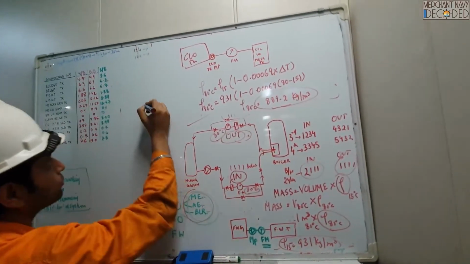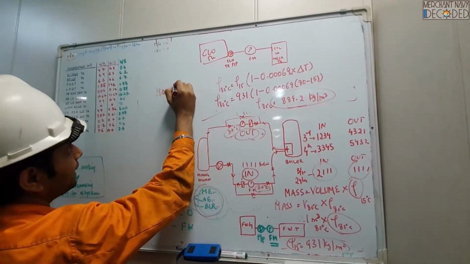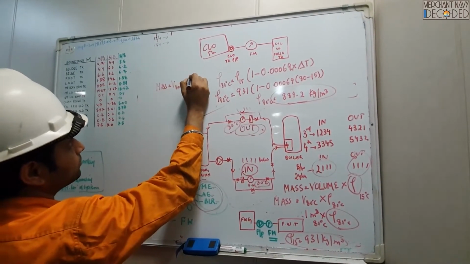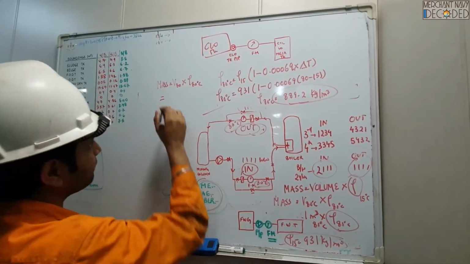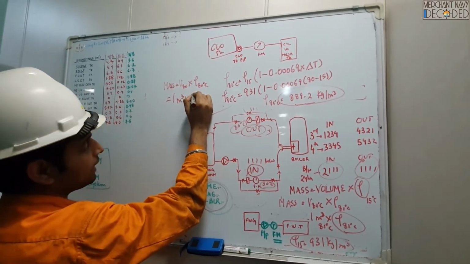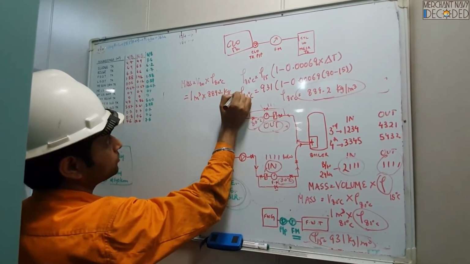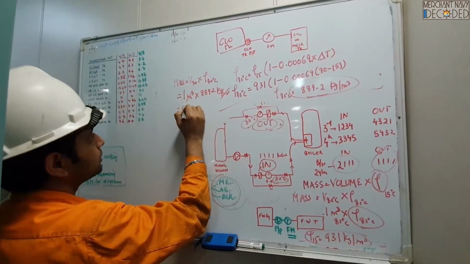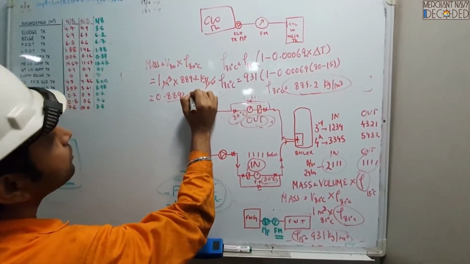So now, if I have to calculate mass, it will be volume at 80 degree centigrade into density at 80 degree centigrade, right? Volume at 80 degree centigrade is already 1 meter cube. Density at 80 degree centigrade is 889.2 kilogram per meter cube. So this cancels, and it becomes 0.8892 metric tons.